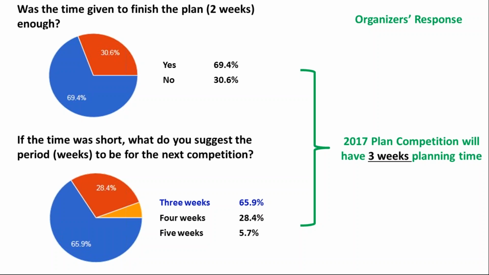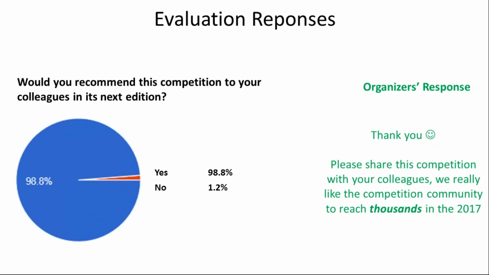It's a little bit longer than what is expected or clinically relevant, but we understand that planners worldwide may be on leave, or may be under pressure with a very heavy load in their clinical duty. So this is why we would like to make it in between. So 3 weeks is the decision that has been made for the next competition. So 3 weeks will be the time for planning.